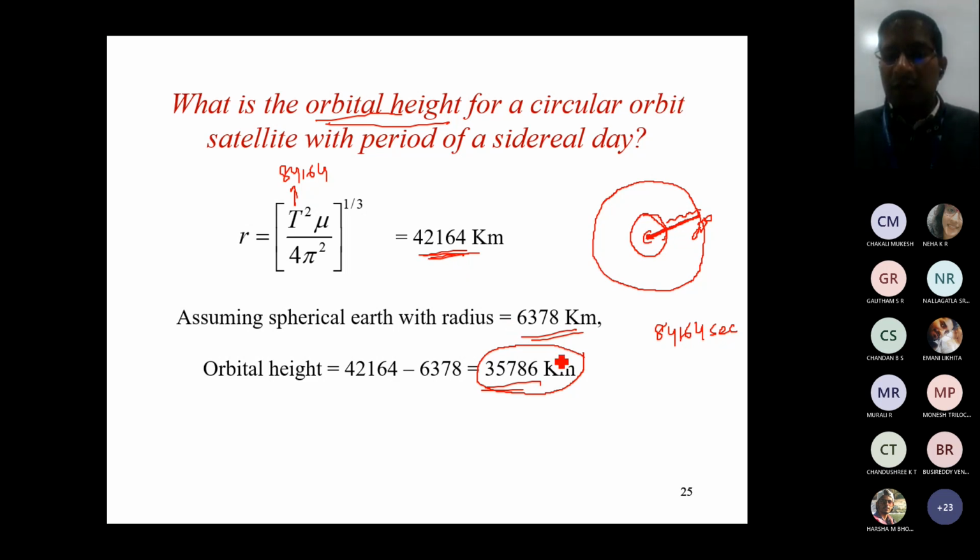From the Earth's surface, if a satellite is located at an altitude of 35,786 kilometers, that satellite will take 84,164 seconds to complete a 360-degree rotation around the Earth.